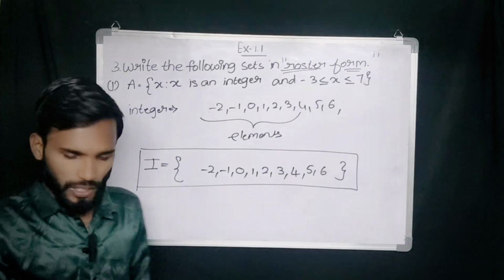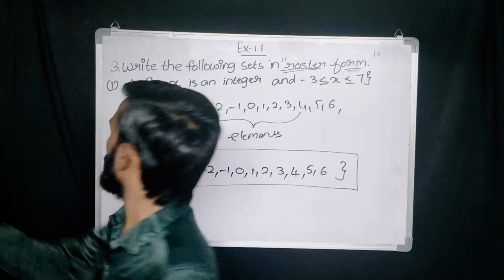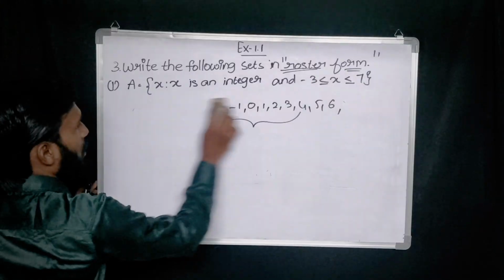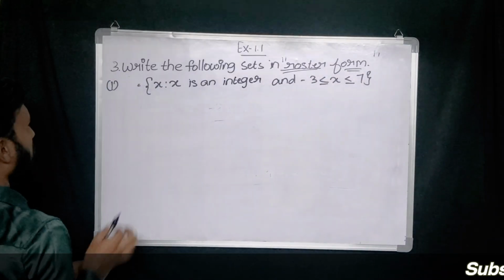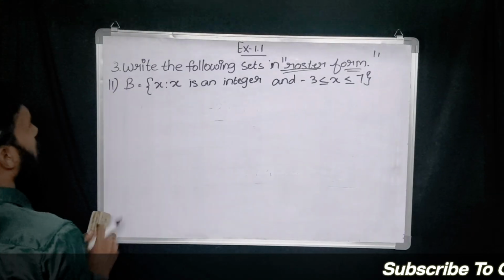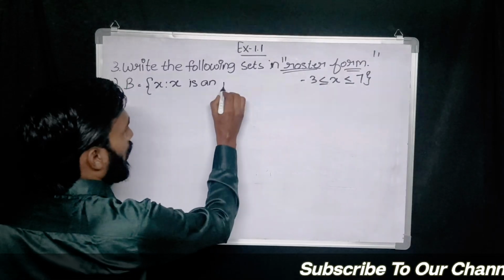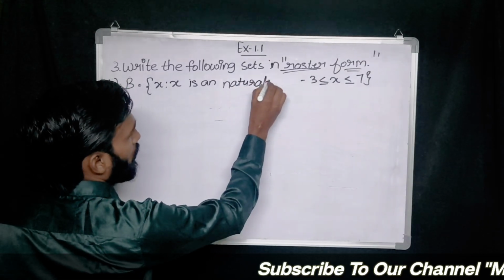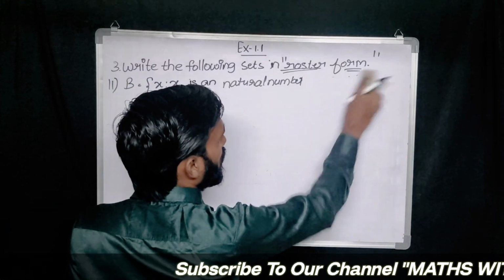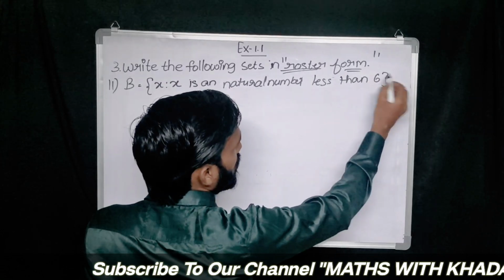Now the next problem. The set B, represented with B. The given set is B equals x such that x is a natural number and less than 6.